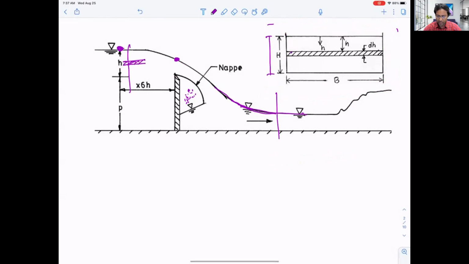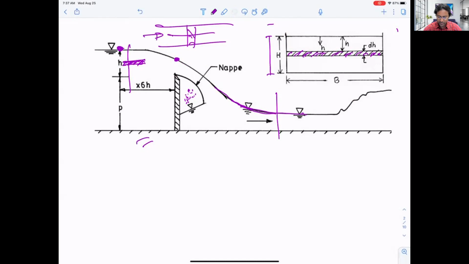We know the total length, that is the width of the river, B basically. We are seeing the long section, and we are making a small, infinitesimal slice. Since the depth of water is changing, it is called dh.